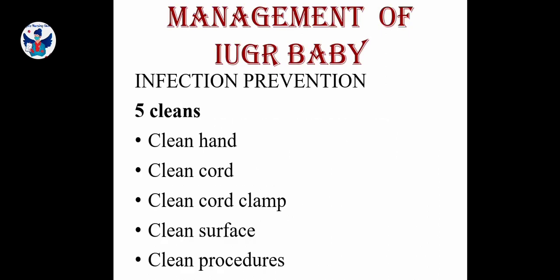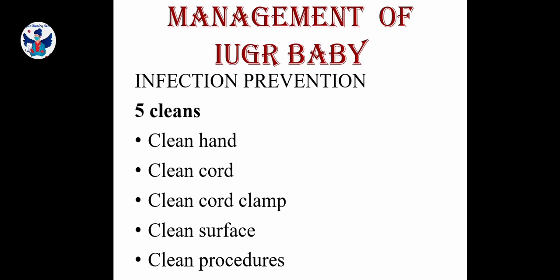Next, infection prevention. So already the immune system will be weak for the babies, but if it is IUGR, again it is complicated. So 5 C's should be followed, that is clean hands, clean cord clamping, clean surface, clean procedures. So strict aseptic techniques should be followed while providing care to the baby.